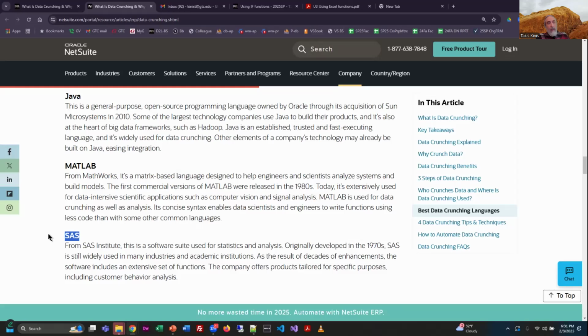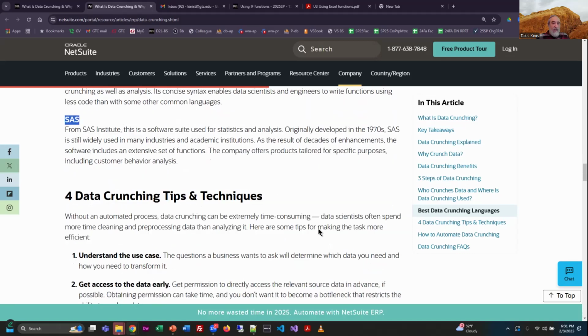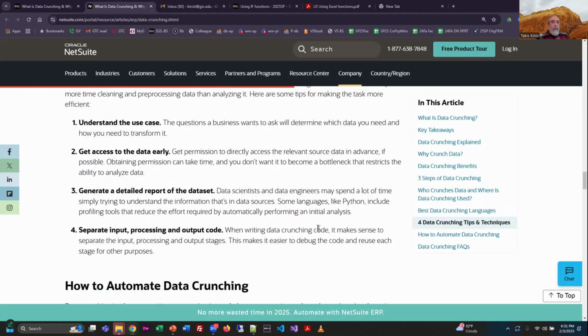Really popular in the world of statisticians, right? Therefore, most people don't like to touch it. When you do get to any high level statistics course, right? So if you go past stats one, you go to stats two or quantitative analysis or something like that, you usually end up working with both of these products because they're very heavily used in statistics.